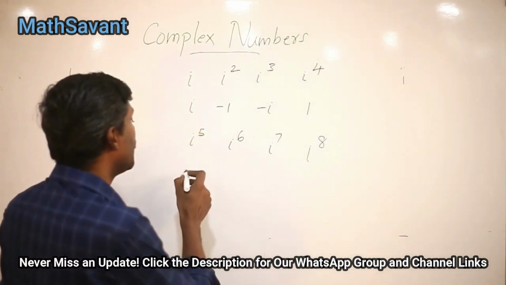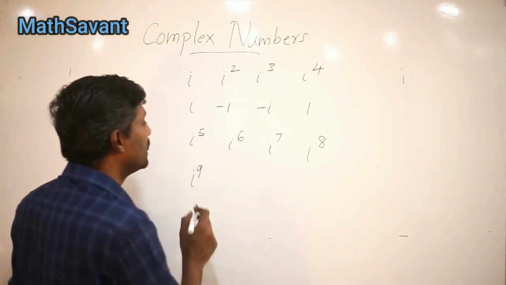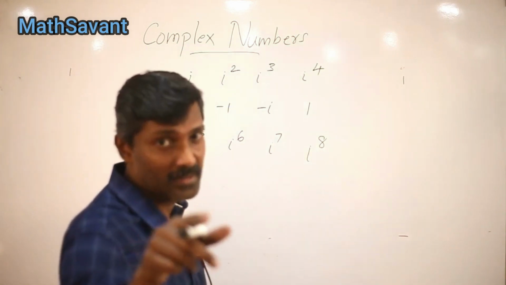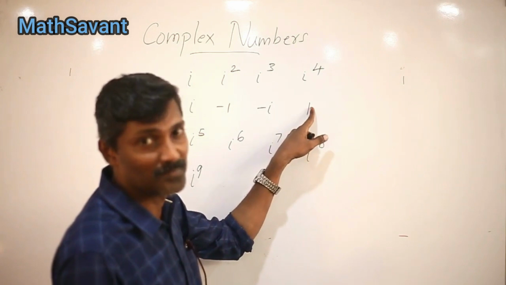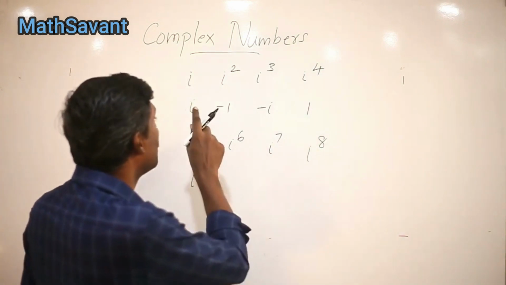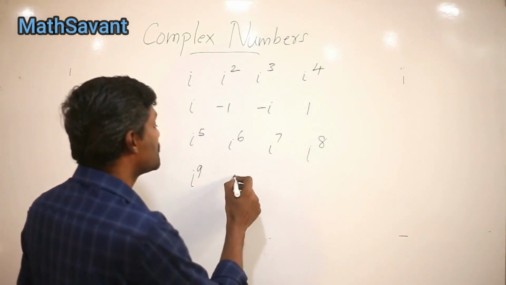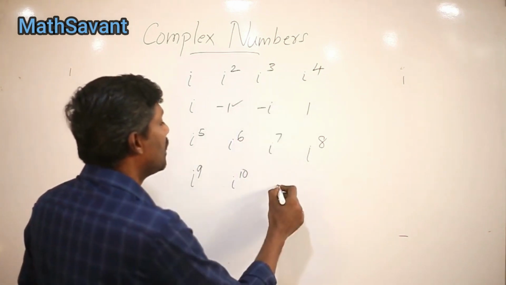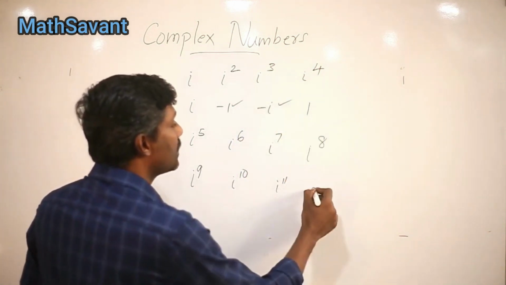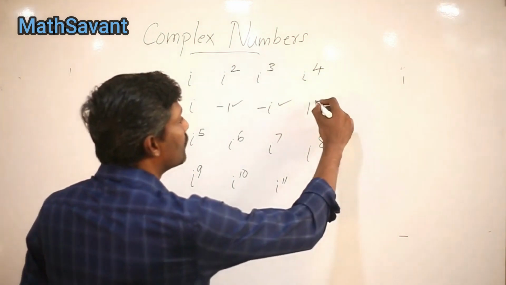And this will again repeat. i raised to 9 is i raised to 8 into i, and i raised to 8 is 1, so 1 into i is again i. And again i raised to 10 will be minus 1, i raised to 11 will be minus i, i raised to 12 will be 1.